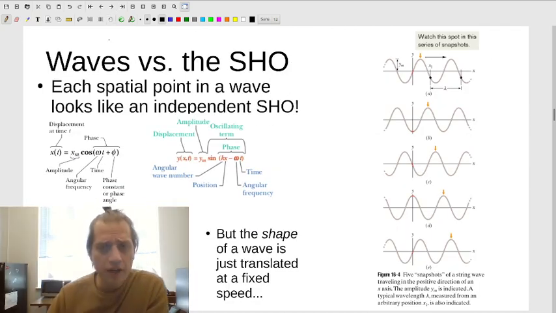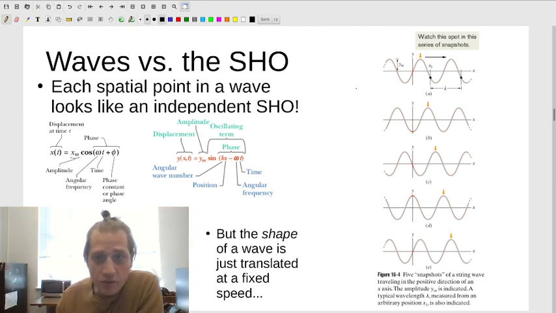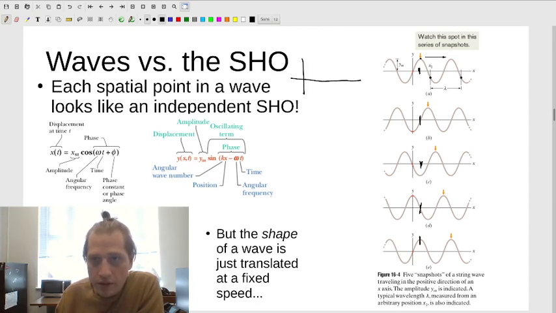Now, the other point that I made in the last video, but which I'm going to be redundant on, is to say that each point on this graph is looking like its own simple harmonic oscillator. So if you look at this point on the graph and you try to plot what's happening versus time, at this point it would be at your max. At this point your string would be going through 0.